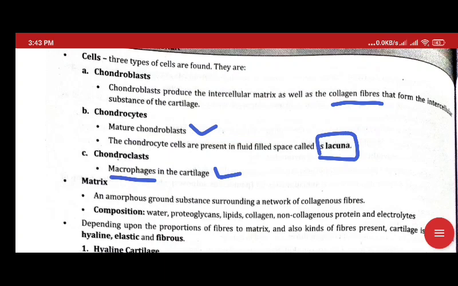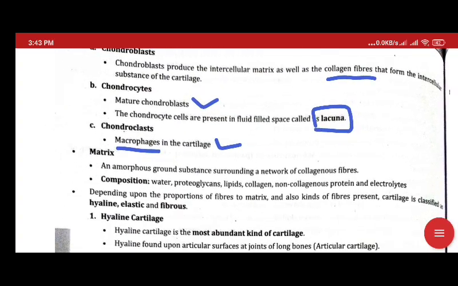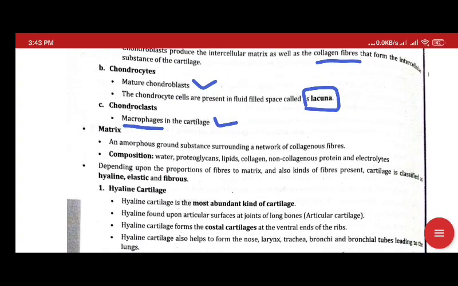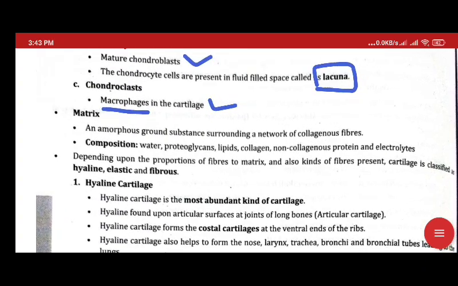So three types of cells are found in cartilage: chondroblast, chondrocyte, and chondroclast. Chondroblast means collagen fiber deposited here, and chondrocyte is the cell with matrix containing fluid filled space, that is called lacuna. And chondroclast means destroying of cartilage.